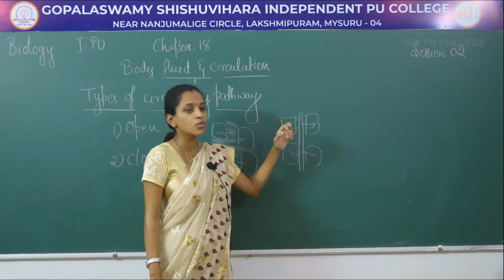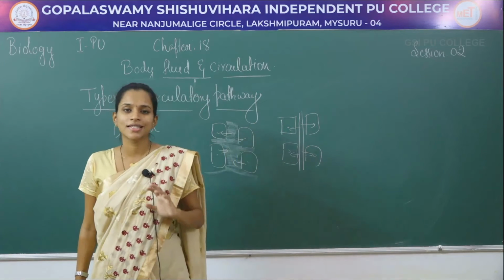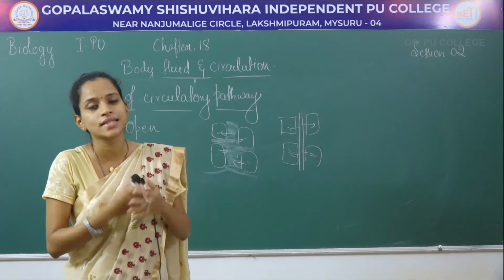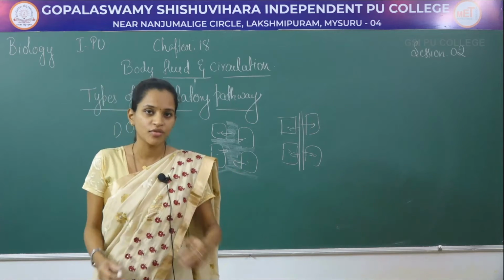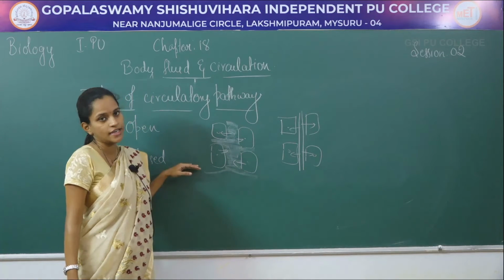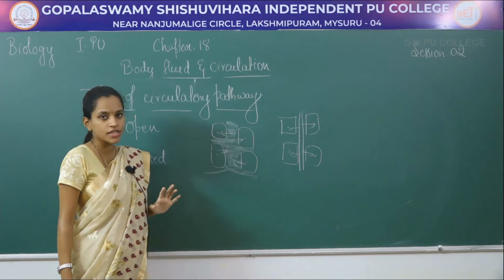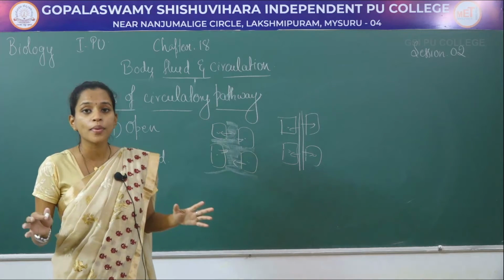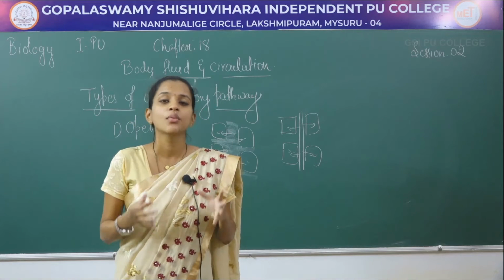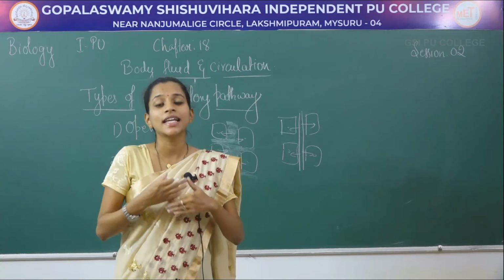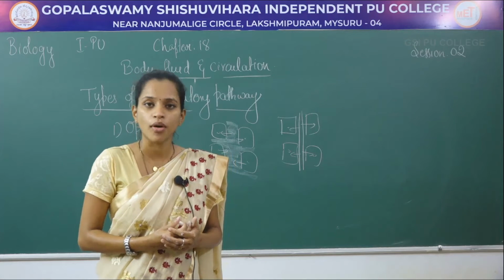So here there is involvement of a closed system where the blood capillaries and vessels are involved to carry the body fluid, unlike open circulatory system. In case of open circulatory system, there are no capillaries or vessels which carry the blood. The cells are in direct contact with the body fluid.